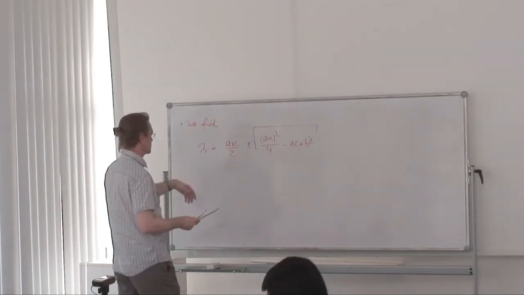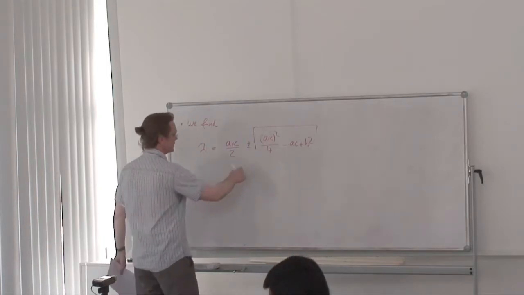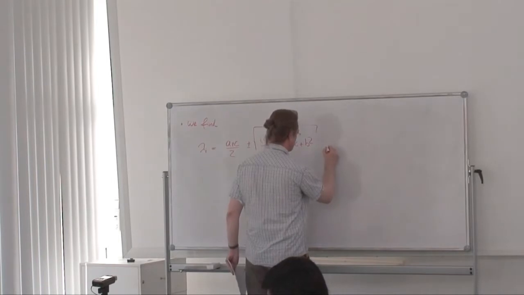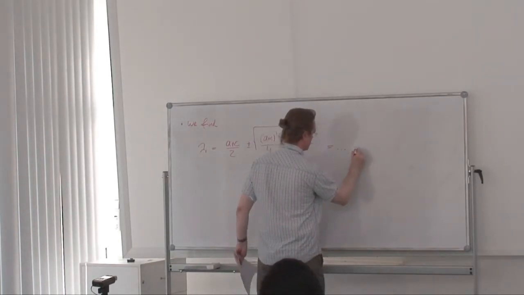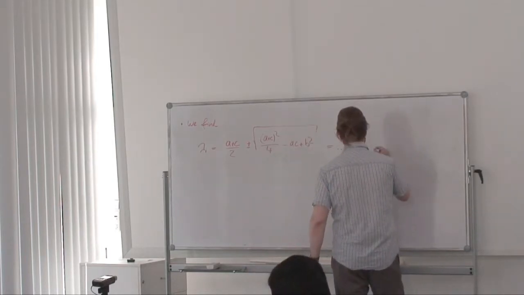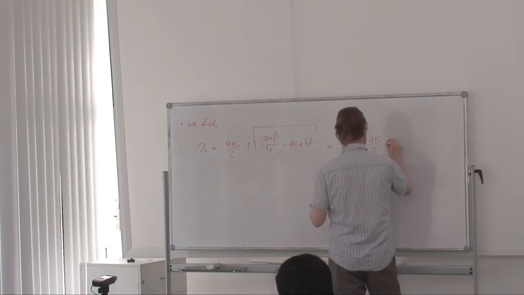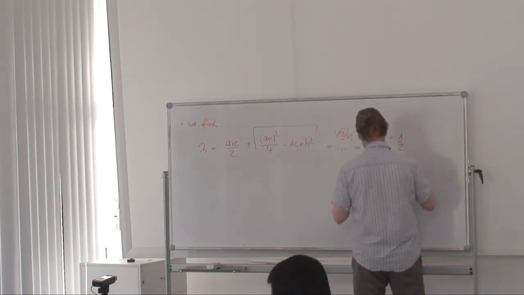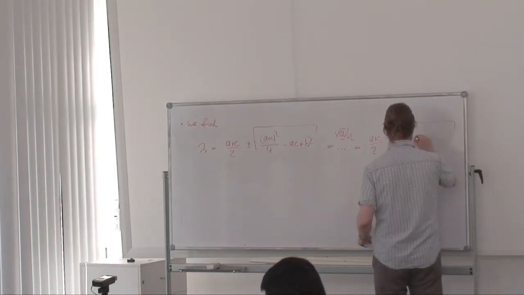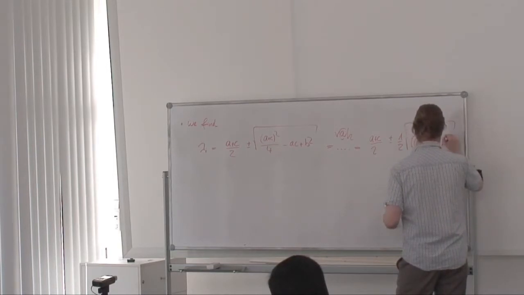And then we can get rid of all these 4's in here, and I'll make it nicer. You verify this at home. In the end, this will be (A plus C) over 2 plus minus 1 over 2 square root of (A minus C) squared plus 4B squared.